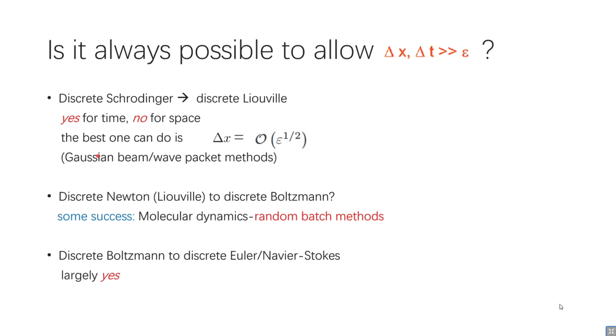So we cover essentially all these three different cases, and this AP strategy has been successful for some of these, but not for all. Today I will start from this quantum transition to classical. It turns out that we can get this requirement for time, but not for space. So today I first start from this, then I probably will also talk a little bit about this.